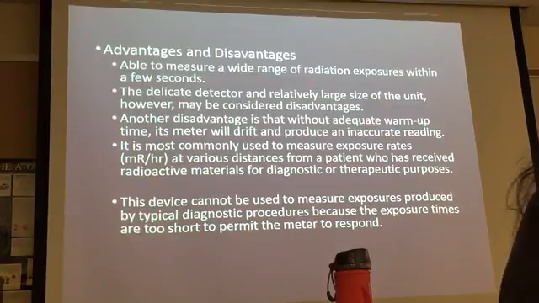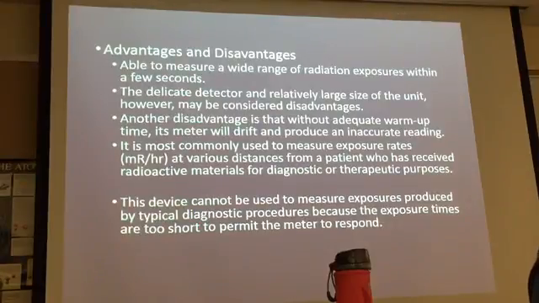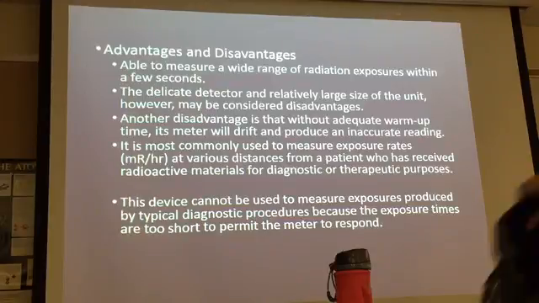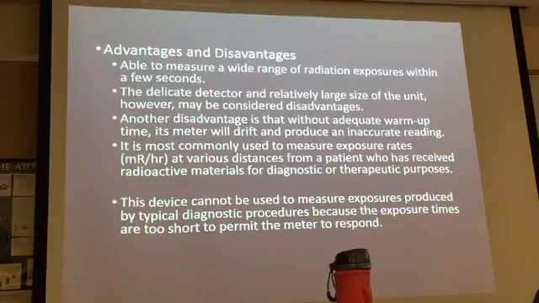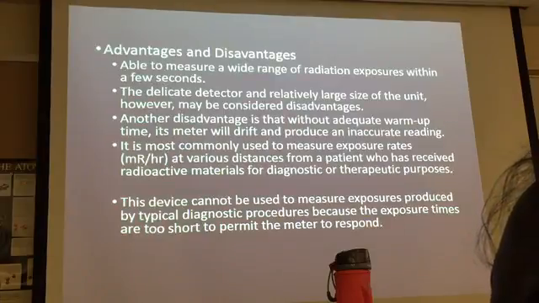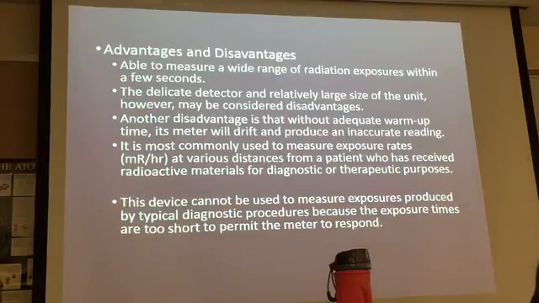Let's make sure everybody understands. Hilda, explain as much as you can about an ion chamber to me. How do you understand it? How does it work? Under what principle does it work?